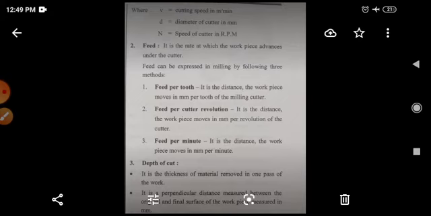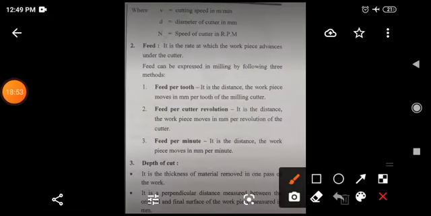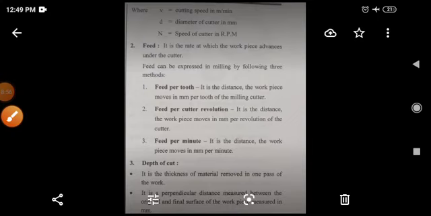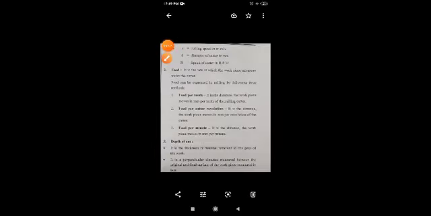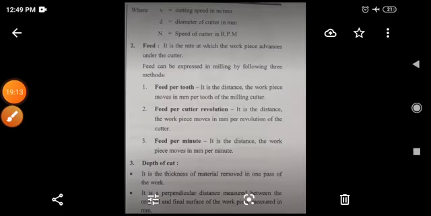Let's revise all these things again. We have seen the different cutting tools which are related to specific cutting operations. A slitting tool is used for slitting operation, a threading tool for threading operation, a T-slot cutter for making T-slots on the workpiece. End milling is used for peripheral milling or slotting.